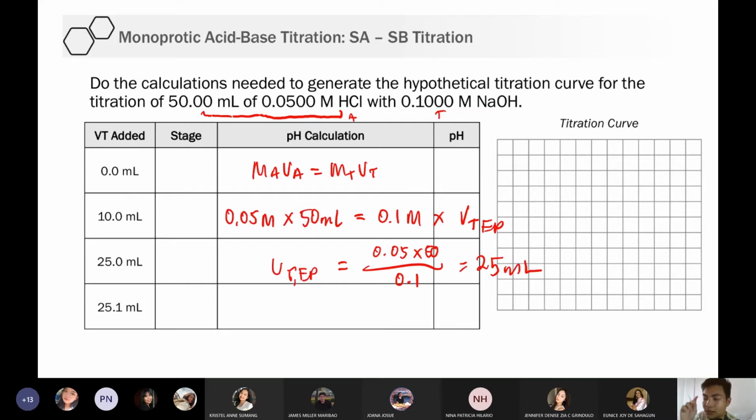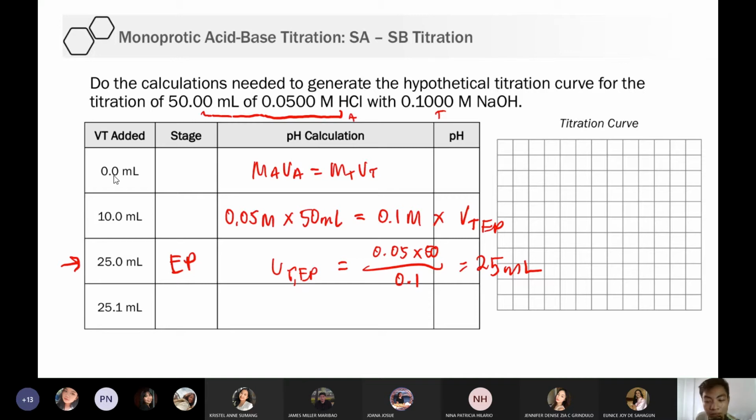Okay. So from this calculation, we know that this volume is the equivalence point volume. Okay? So ganun gagawin nyo. First thing first is alamin nyo kung ano yung equivalence point. Okay? So once alam mo na yung equivalence point, you can assign the different stages for different volumes na.